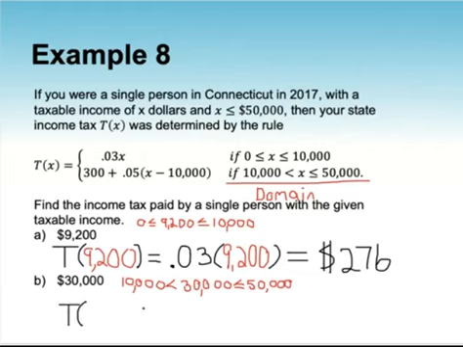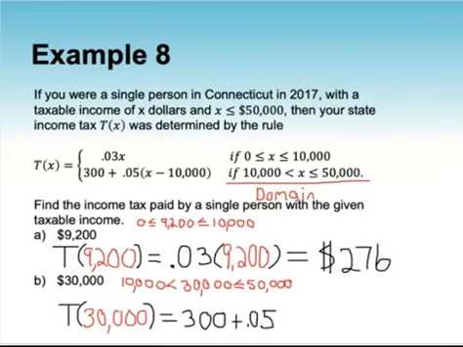So T of 30,000 equals 300 plus 0.05 times, instead of X, we're going to put 30,000.